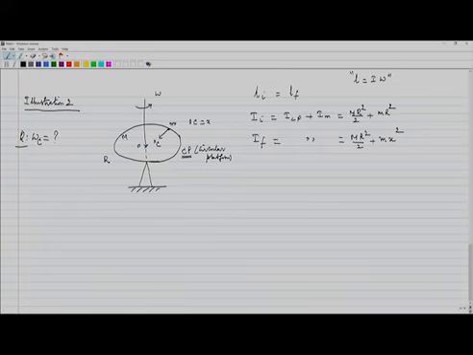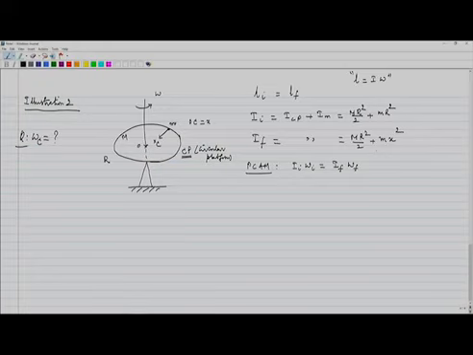Now I am going to make use of the principle of conservation of angular momentum, which says moment of inertia initial times omega initial is equal to moment of inertia final times omega final, right? So we equate these two.